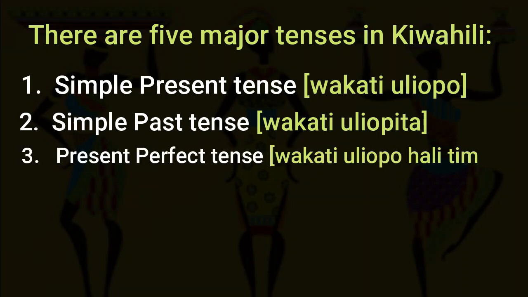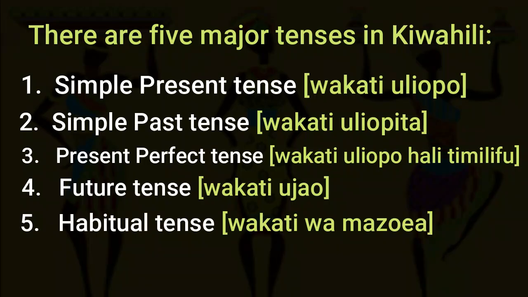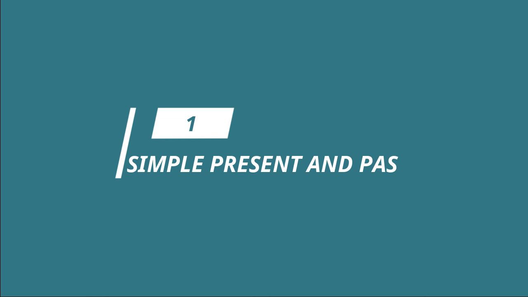Present perfect tense, wakati uliopo hali timilifu. Future tense, wakati ujao. And then habitual tense, wakati wa mazoea. But for today's lesson, we will focus on simple present and past tense.